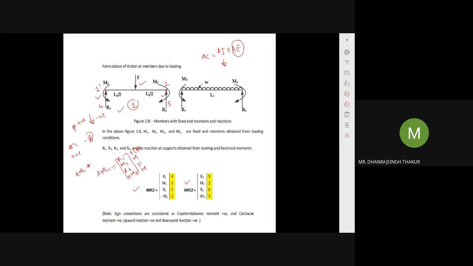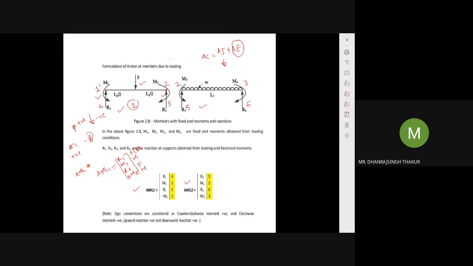Okay. Similarly for member 2, again we have to assemble the AML2 matrix. What is the coding for this? 5 2 6 3. 6 is vertical, 3 is rotation.